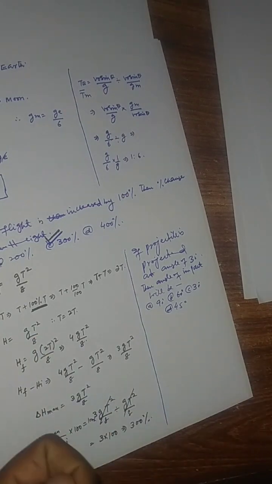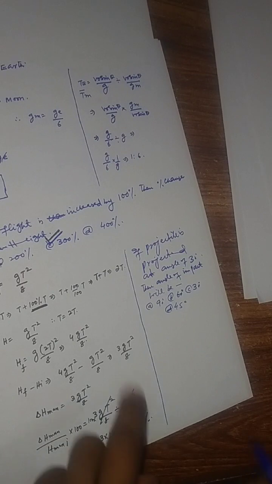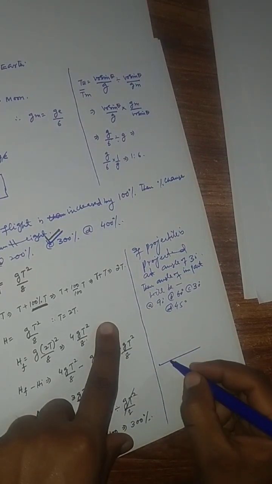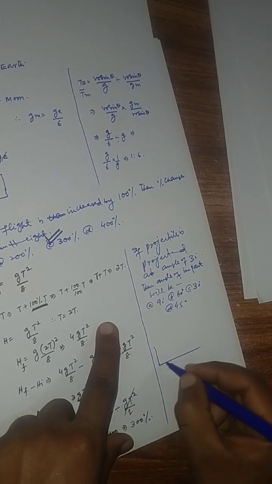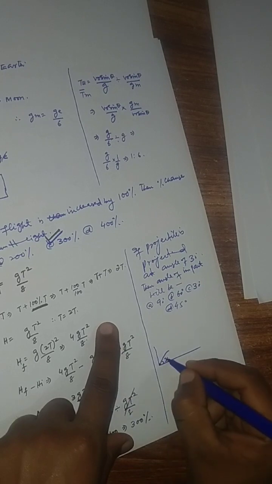So whatever the angle of projection is there, same is the angle at the impact point. Impact point means, okay, where the projectile hits. Let's say this is point of projection, this is angle 30.